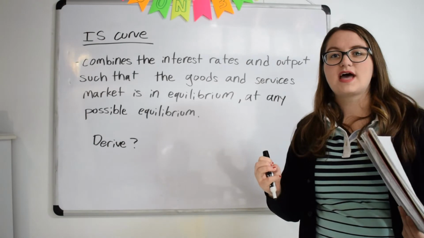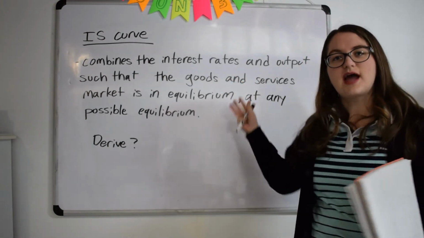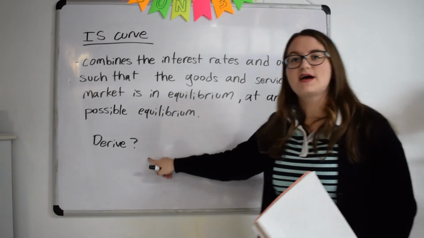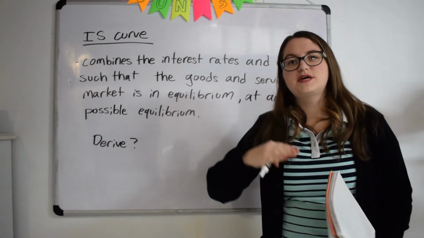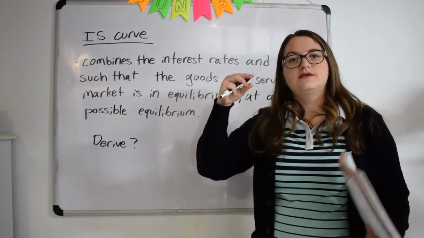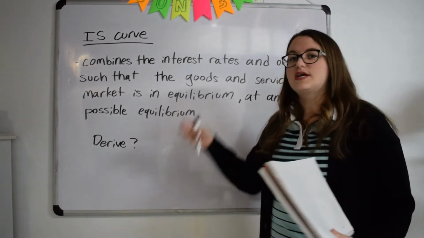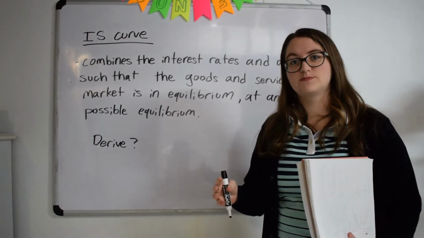So this means as we change the interest rate, what happens to the output and how can we graph that? So we're going to derive this using the goods and services market and a movement of the equilibrium curve. Now we're going to allow the interest rate to change. We're not going to be in ceteris paribus at this moment.